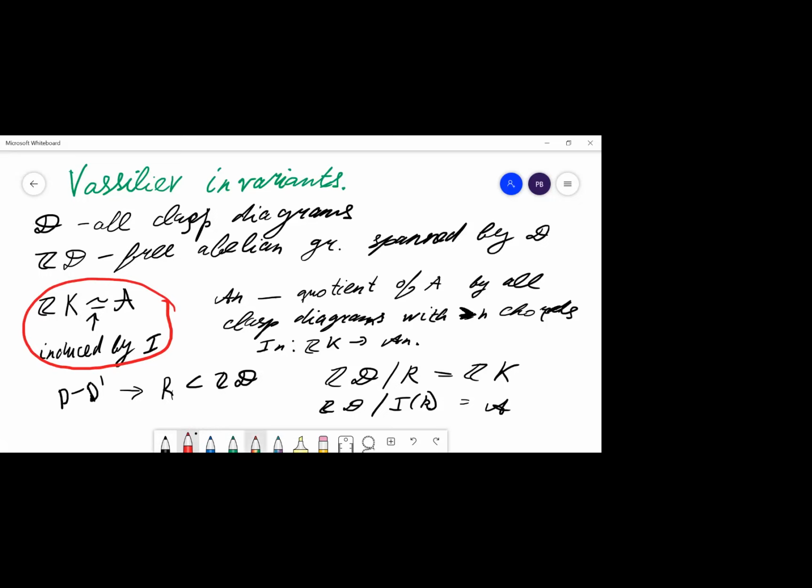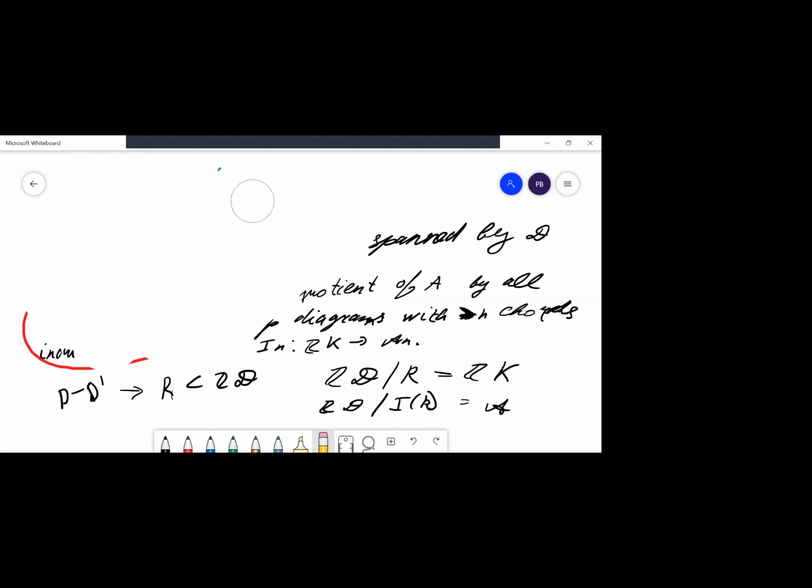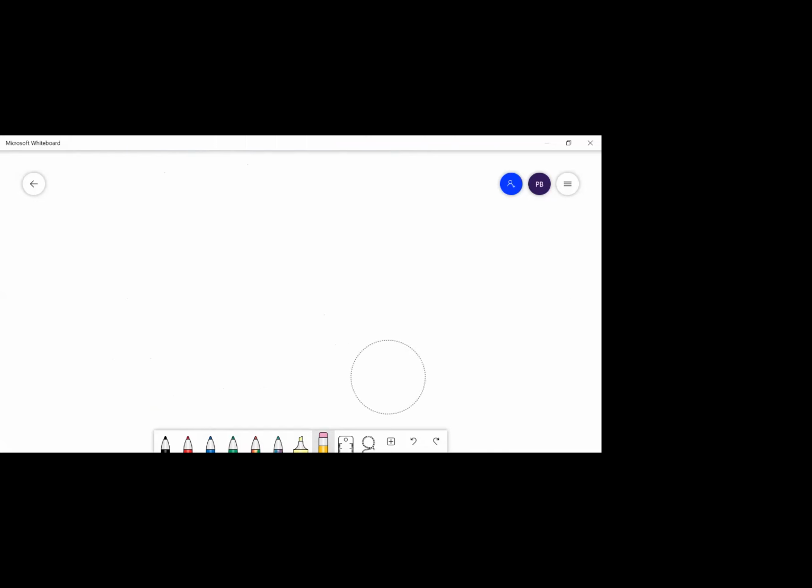And now, finally, Vassiliev invariants. So, theorem. M is an abelian group. N is a non-negative integer.